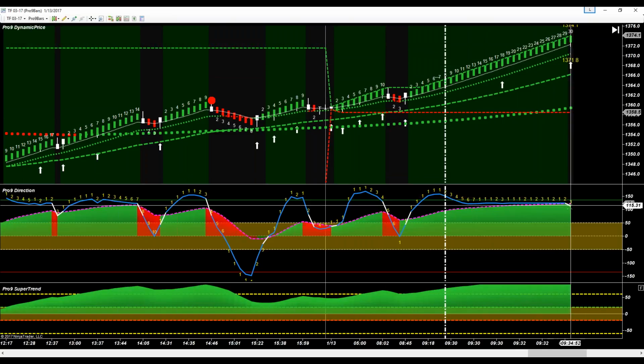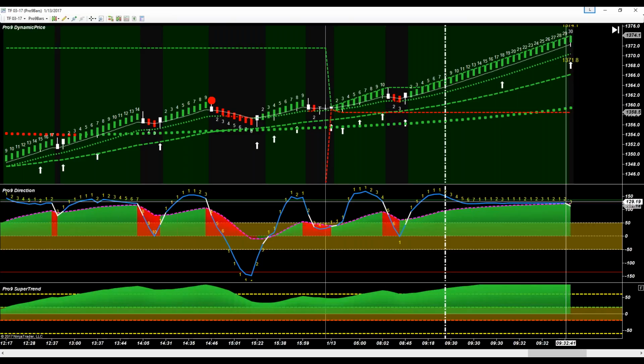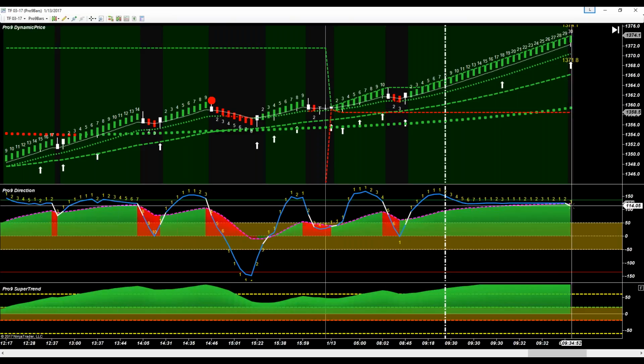Now, some of you may be noticing this. The blue line does dip right in below the purple line. And in these cases, it's okay. I still like those trades. I'd still take it because it's really only dipping below because the direction histogram is so bloated that the blue line really just doesn't have anywhere else to go.